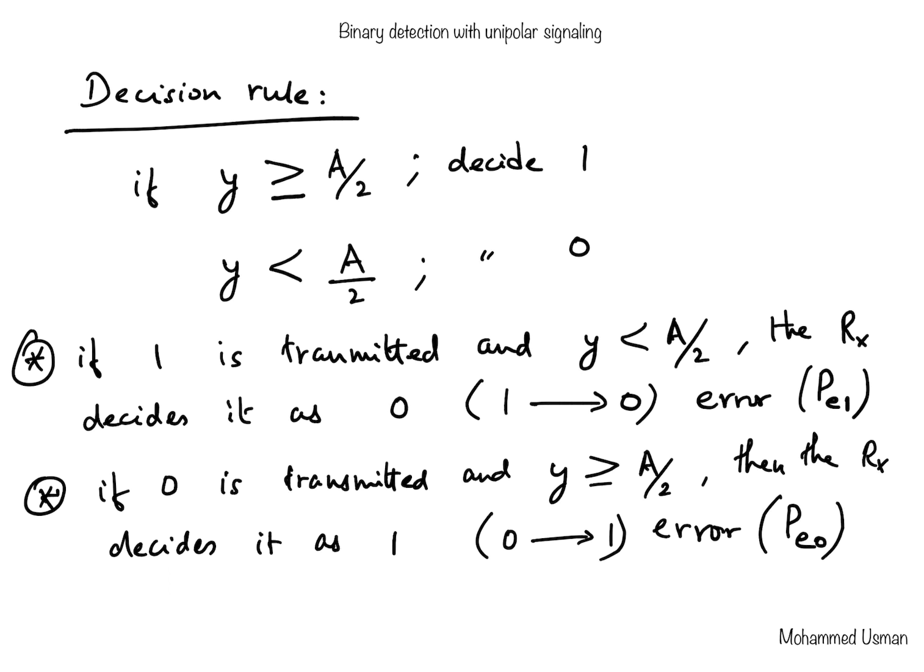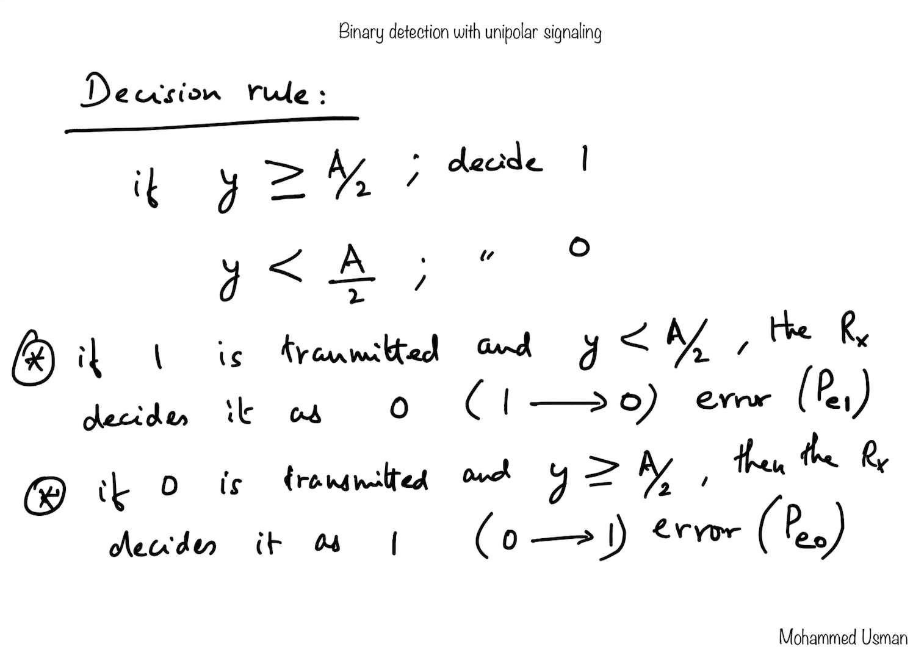So we have two different error probabilities. One is PE0, where 0 is transmitted and the receiver thinks it's a 1, and the second one is PE1, which is 1 is transmitted and the receiver thinks it's a 0. So the corruption of a 1 is PE1, the corruption of a 0 is PE0. That's the notation we are going to use.